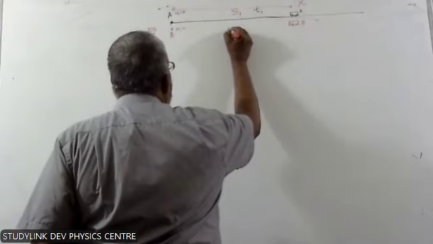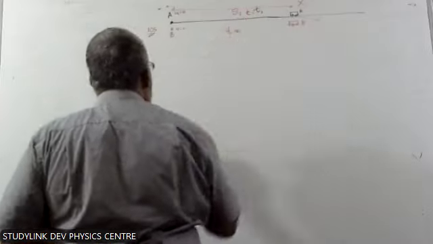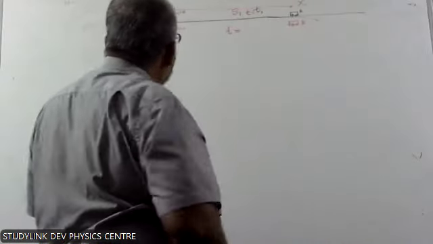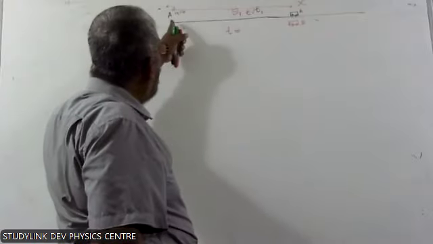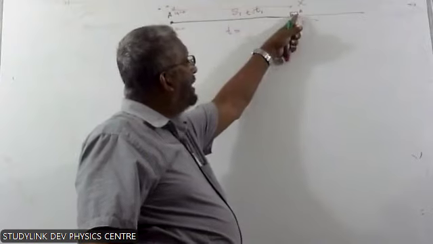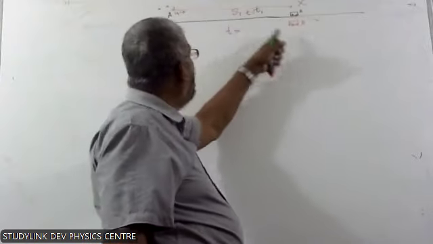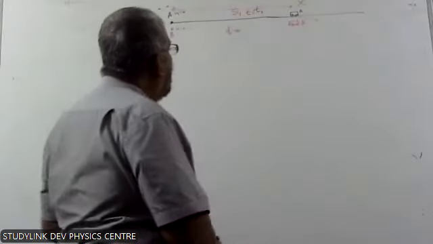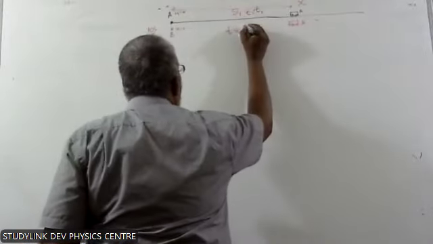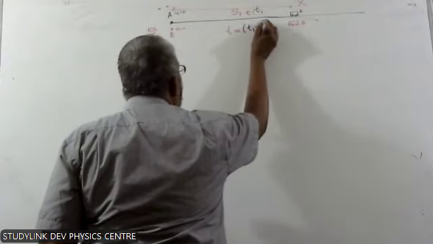But as far as time is concerned, for A, T is T1, because it started from 0 and after T1 seconds it's there. B is also now there, but B started after 10 seconds, so it has traveled only T1 minus 10 seconds.